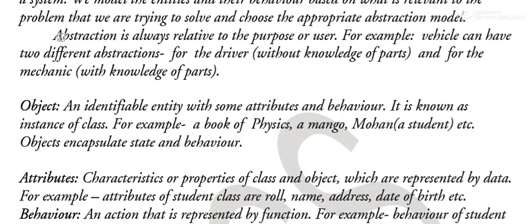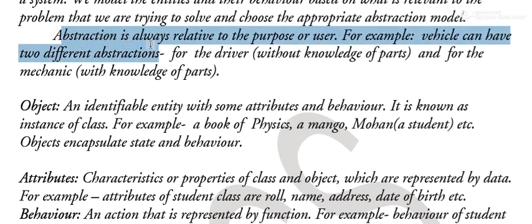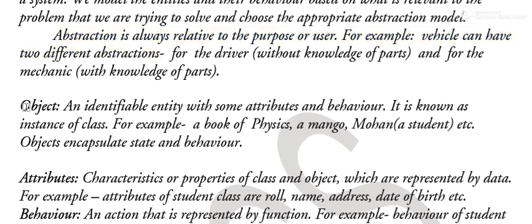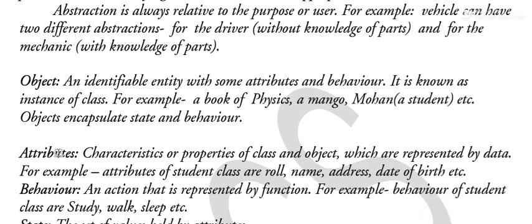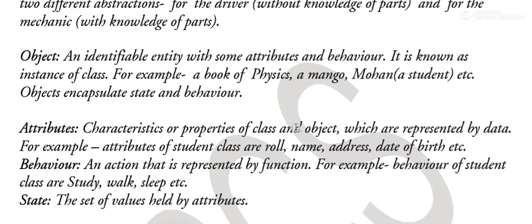Abstraction is always relative to the purpose or user. Object, attributes, behaviors: these are all topics that you have studied in chapter 1. Let us revise these topics with the help of an example.